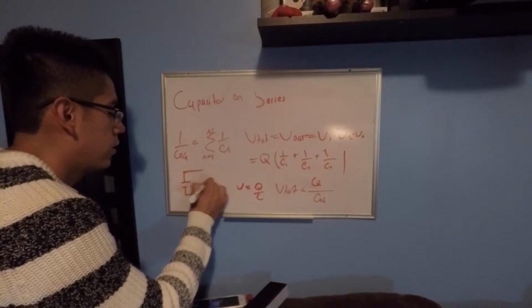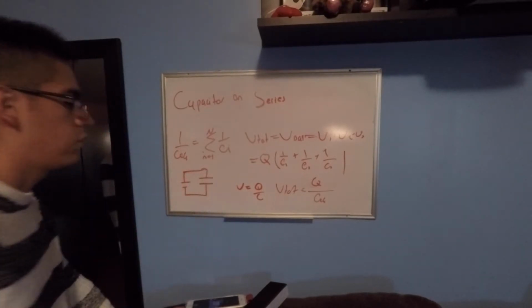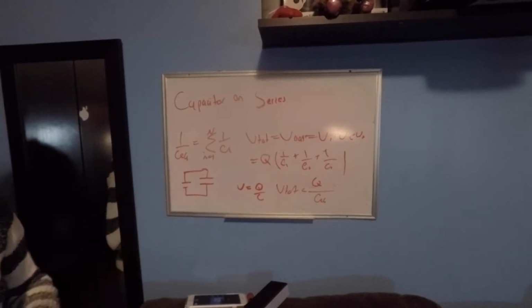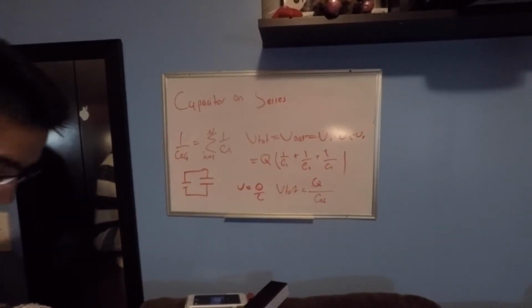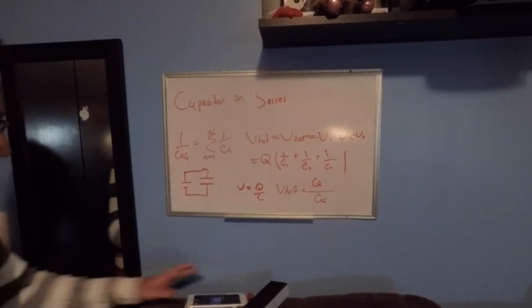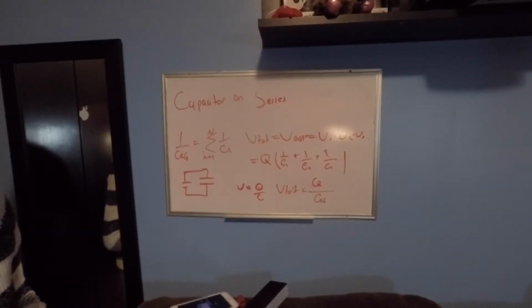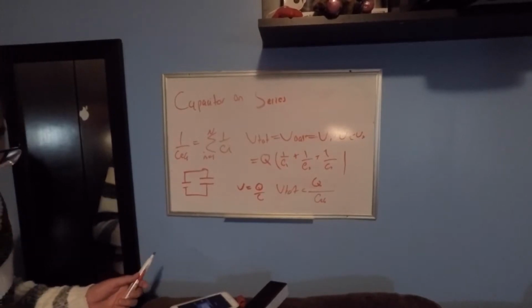And this is the same because if we simplify the diagram, we have one capacitor, but we have different shapes, and we have different types of energy storage in different manners.